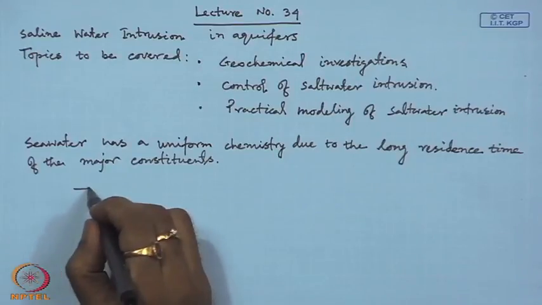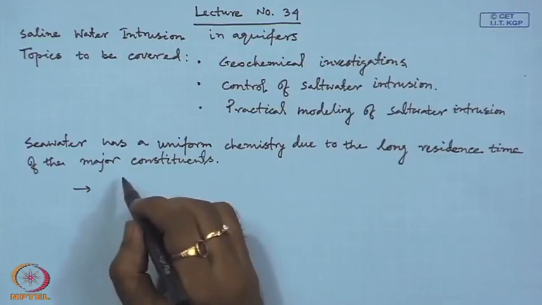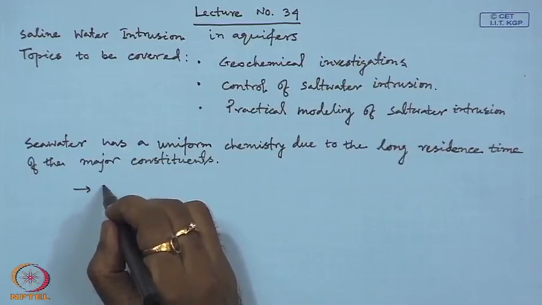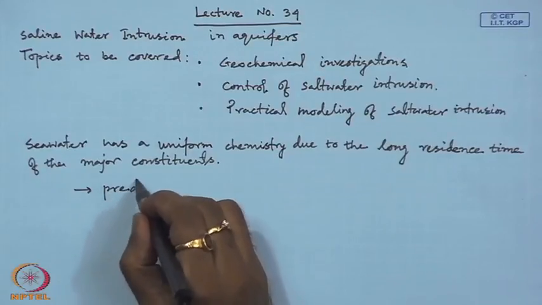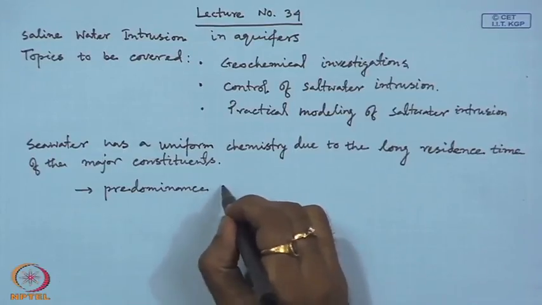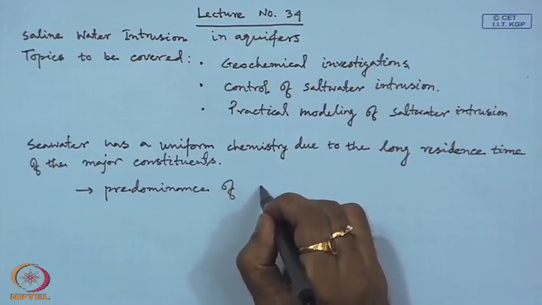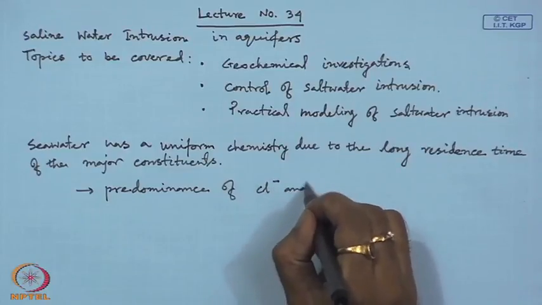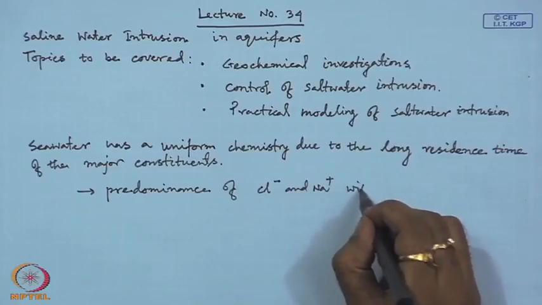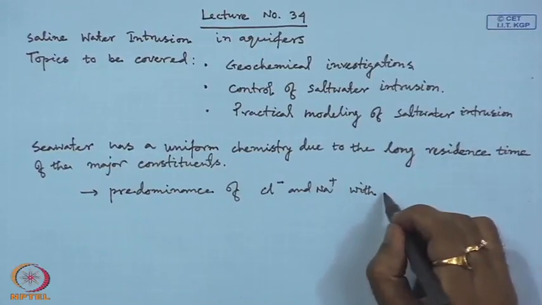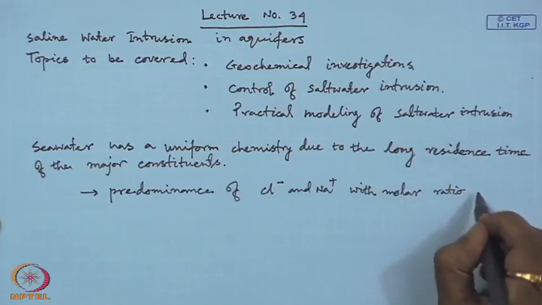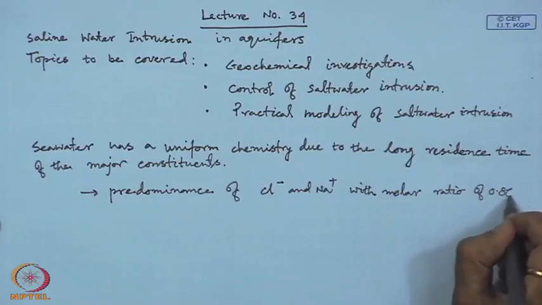The main point is the predominance of chloride and sodium with a molar ratio of 0.86.